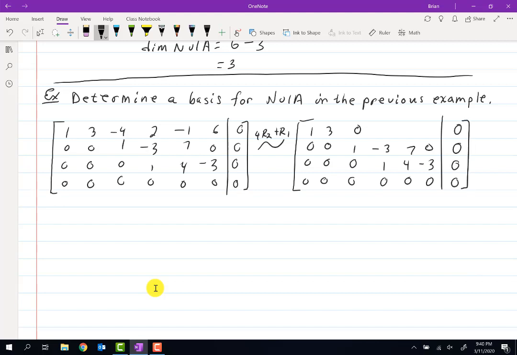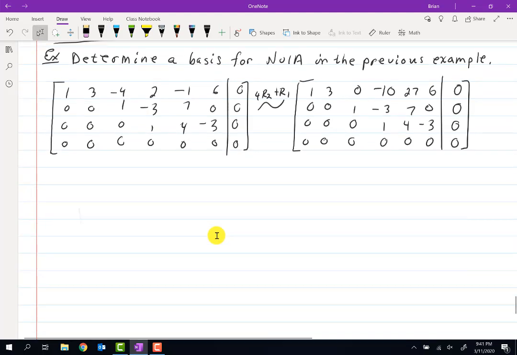And let's see what happened to the rest of the stuff in the first row. So I took 4 times this row plus this row. So 4 times -3 is -12, plus 2 will give me a -10. 4 times 7 will be 28, minus 1 will be 27. And then, well, I didn't affect this because there was a 0 in the second row.